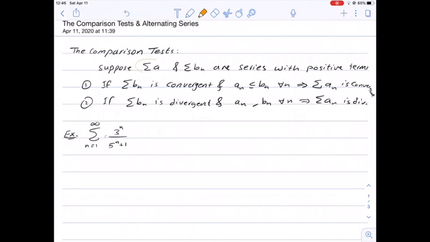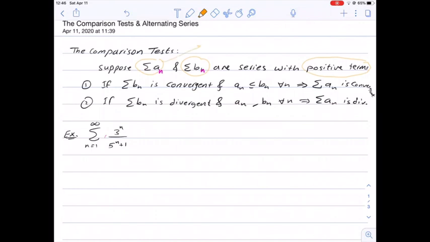So the test says that if you have two series, the series A sub n and the series B sub n, provided that those two series have positive terms.